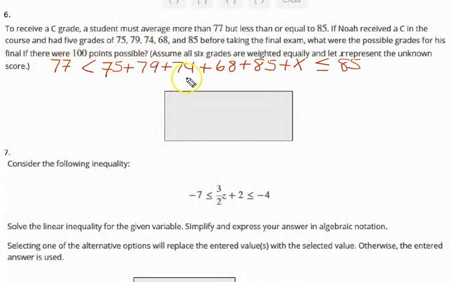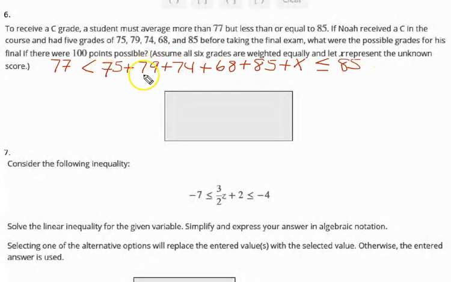So this average here is greater than 77, but is less than or equal to 85. So this would be part of it, but I'm leaving something out. What have I left out?